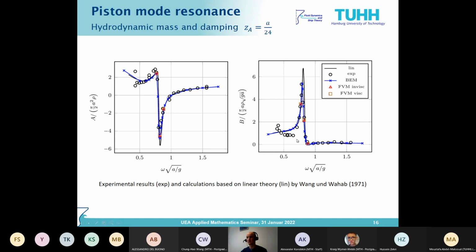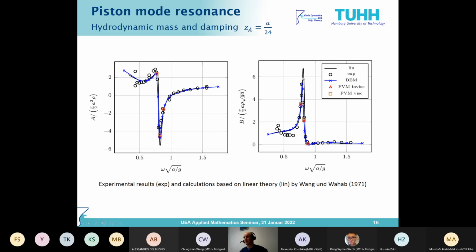So this may be a reason for those deviations here. However, there is a very good agreement with the linear theory as well for the lower frequencies. And here at the resonance, the hydrodynamic mass and the damping coefficient vary very strongly, and this variation is reproduced quite well by the method.